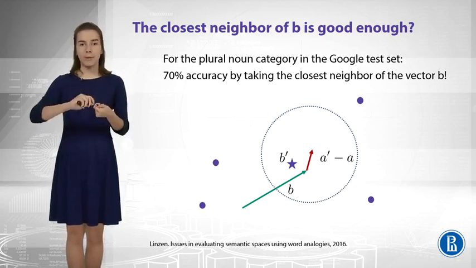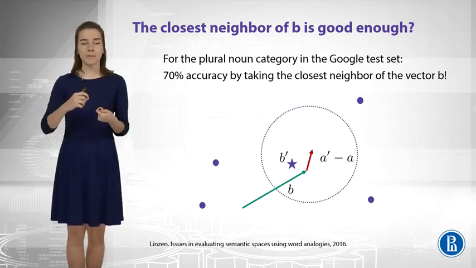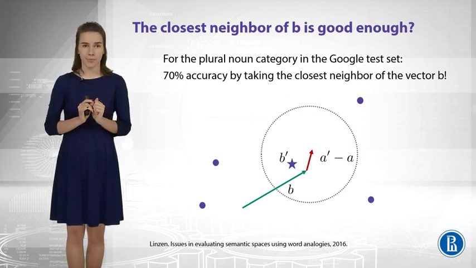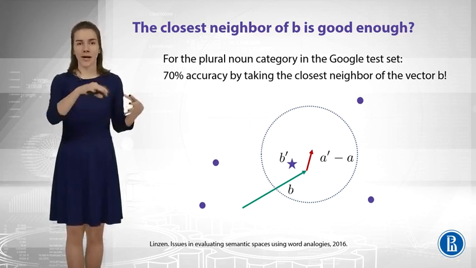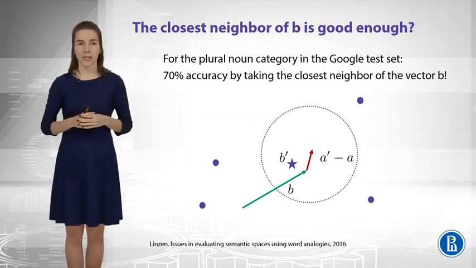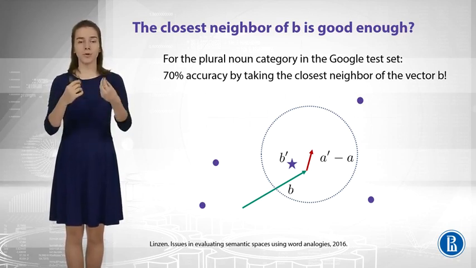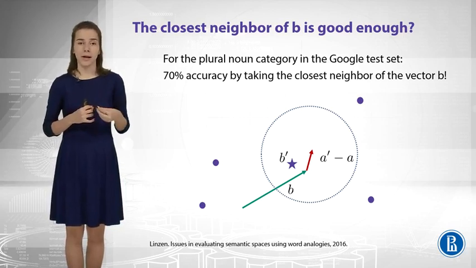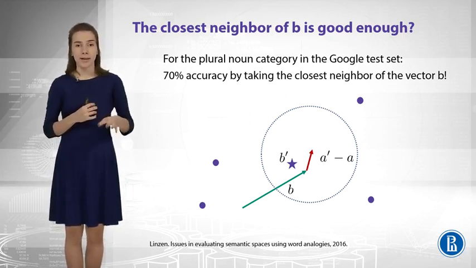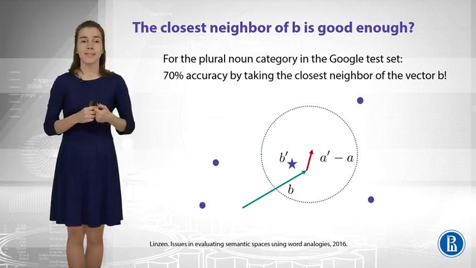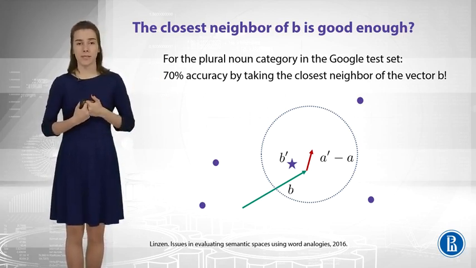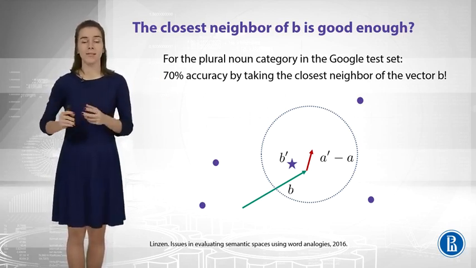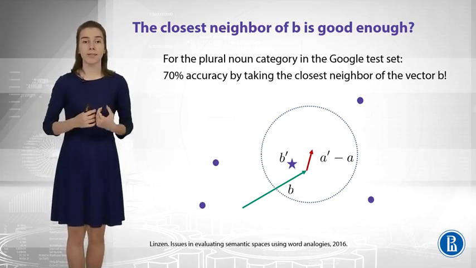So this plus woman minus man is close to 0. It means that when we apply our arithmetic operations and try to find the closest neighbor, the closest neighbor is actually B. But once B is excluded, the next closest neighbor is indeed B prime. And we say that, okay, king is excluded and queen is found.